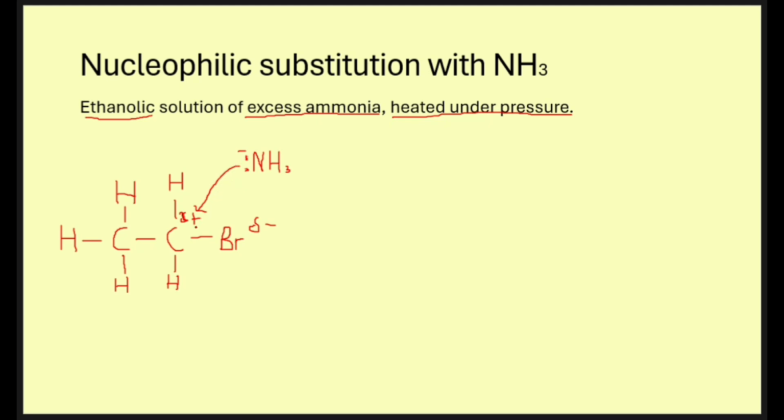Ideally we'd like this arrow a bit closer to the carbon, perhaps here. It's just for clarity and difficulty on the PC, that I don't want to get in the way of the partial positive. So this comes and attacks it again. This bond, these electrons then move to the bromine again, and we create a primary amine.